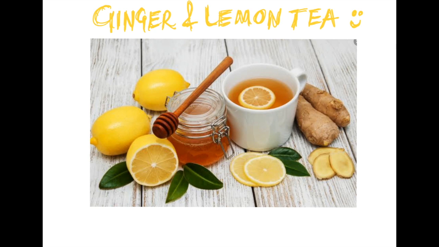So all you need to do is have a glass of water in a pan, right? Add 1 or 2 ginger roots, of course, peeled off. Let it boil. Then you have to strain that ginger water and put it in a cup. Add some lemon, add some honey, enjoy the flavor. Sip it, enjoy it. And I hope that your immune system will get better.